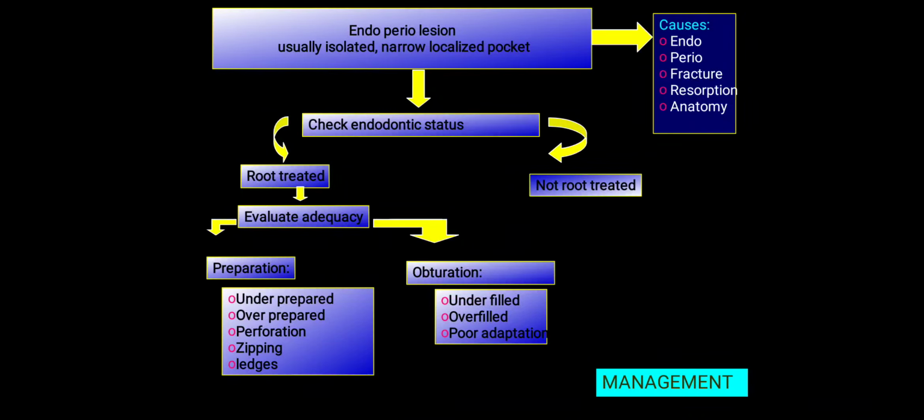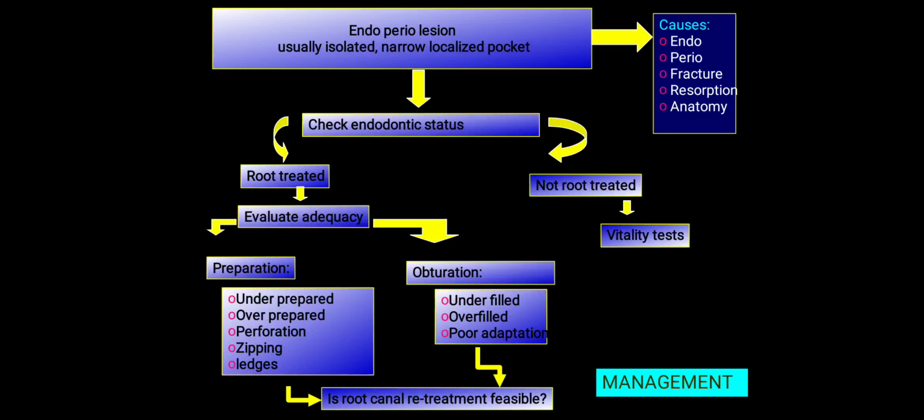If the tooth is obturated, then we have to check radiographically whether it is underfilled, overfilled, or has poor adaptation of the gutta percha. And we have to evaluate whether retreatment is possible or not.